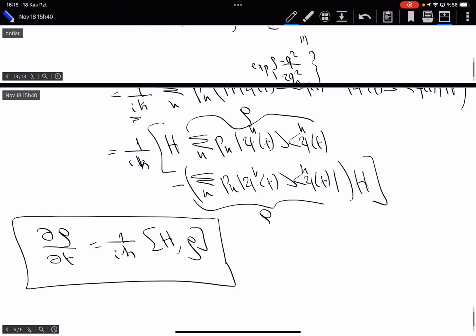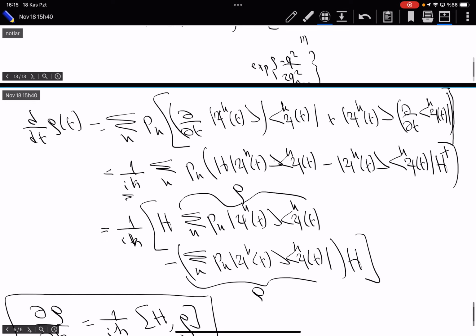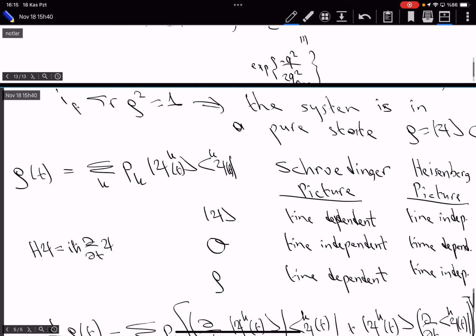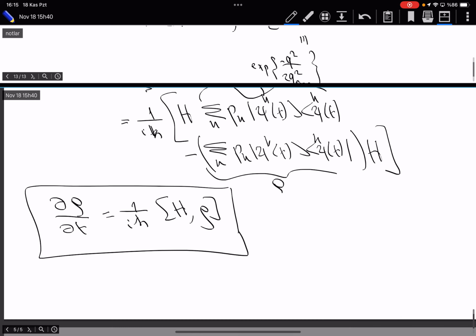Now this is the equivalent of the Liouville theorem for the density matrix. Now what are these p_k's? Any questions up to here?